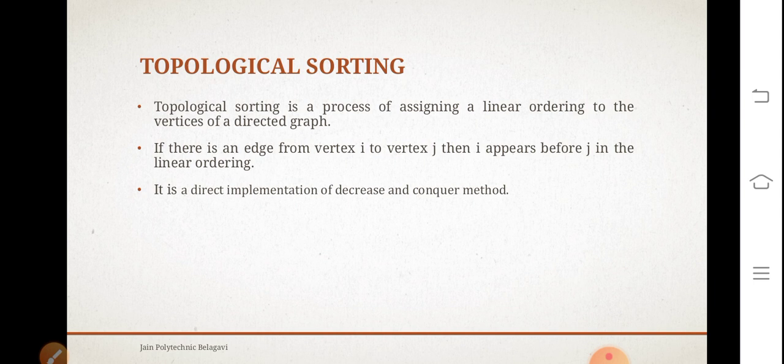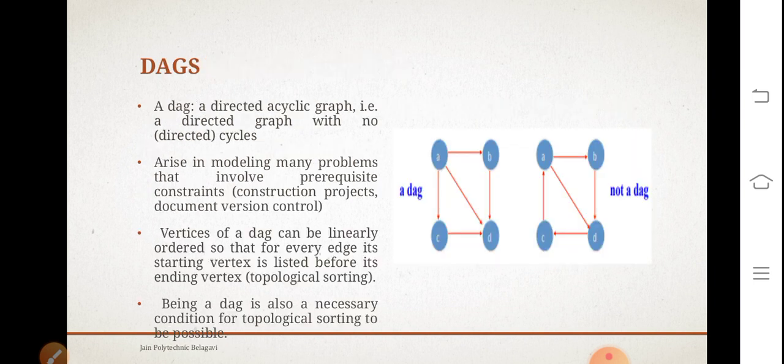And edge directions lead to new questions about digraphs that are either meaningless or trivial for undirected graphs. So we'll move on; this is about the basic things. Before going for this topological sorting and all, we have to understand what is traversal of the graphs, digraphs. So here the next thing is DAGs.